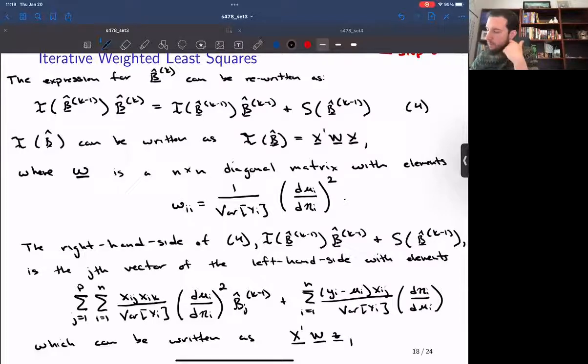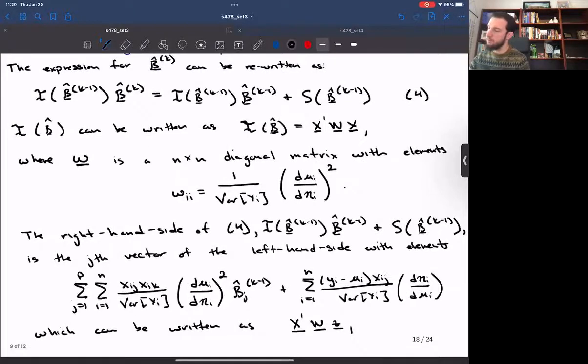And then we can say this thing can be written as X transpose W times Z.